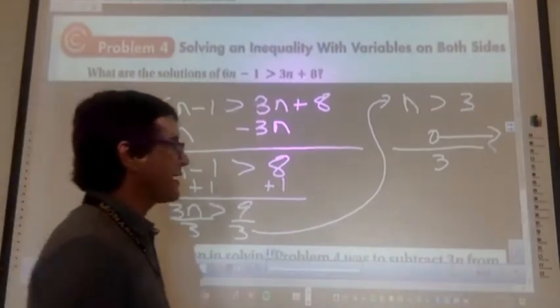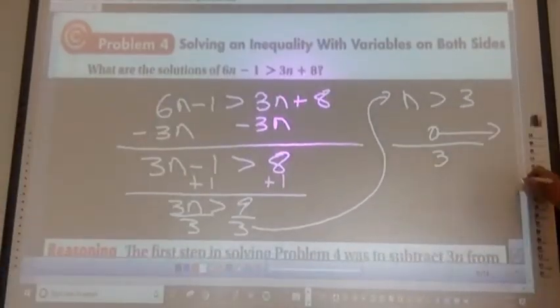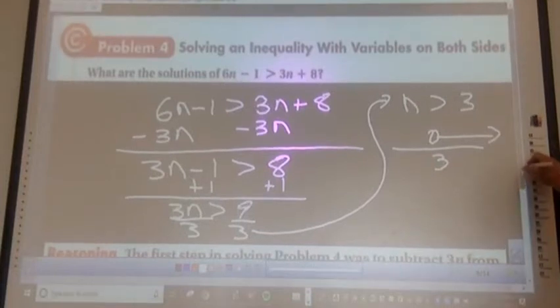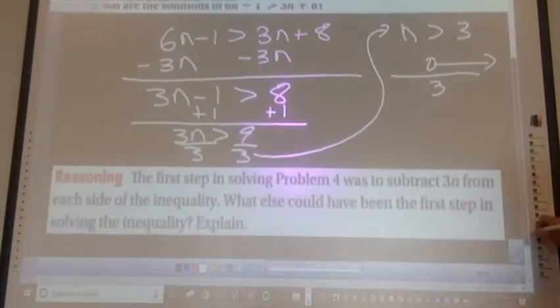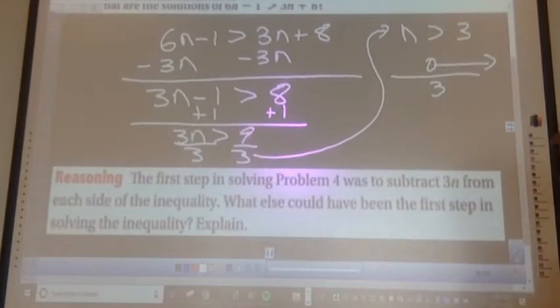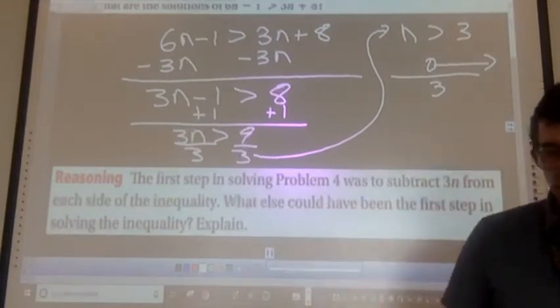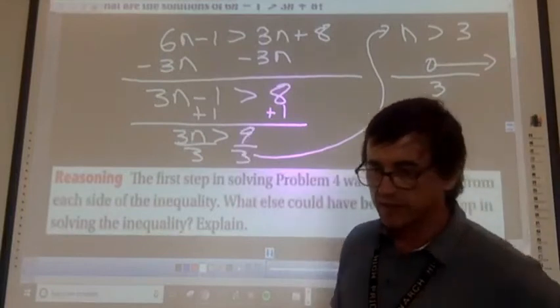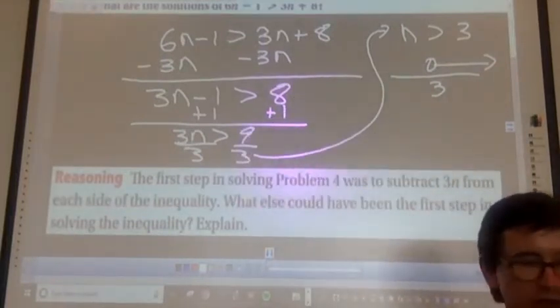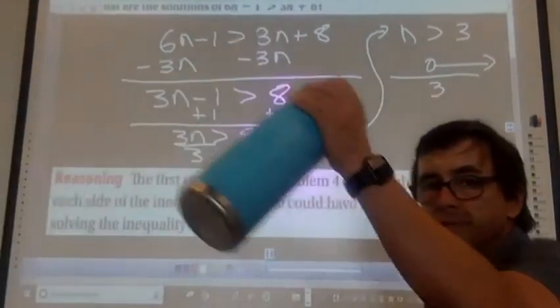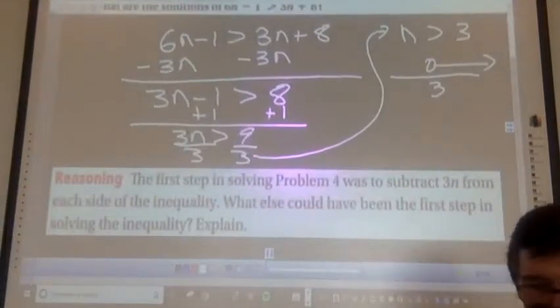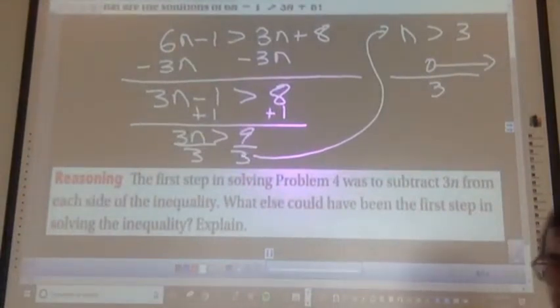So get that down, and then, our first step in this problem was to subtract 3n. What else could have been the first step in solving the inequality? Somebody tell me another potential first step. Adding 1 first. Adding 1, good. How about another one?